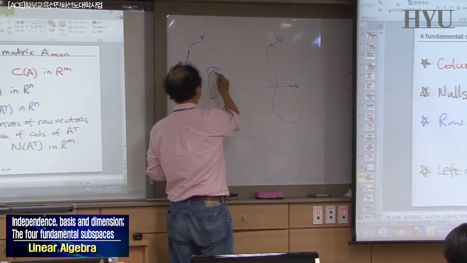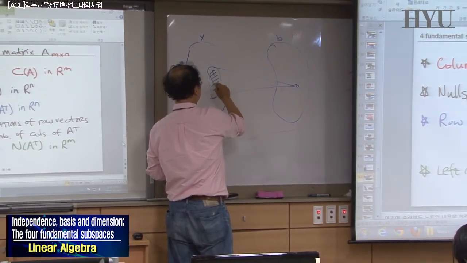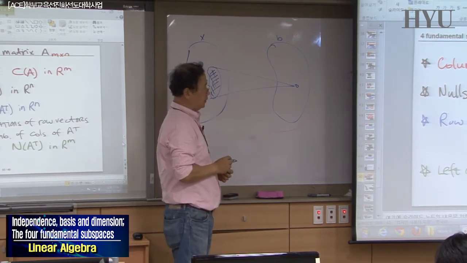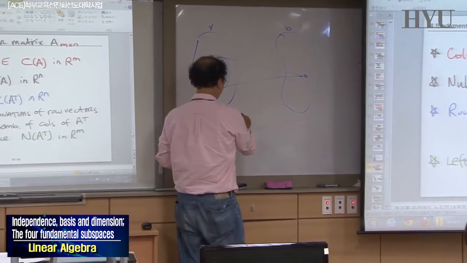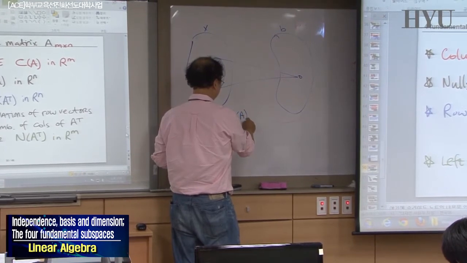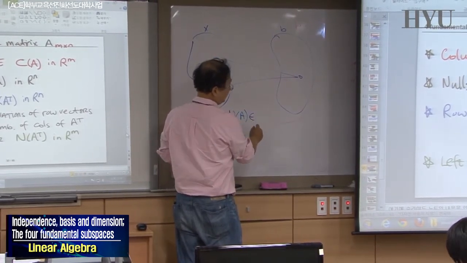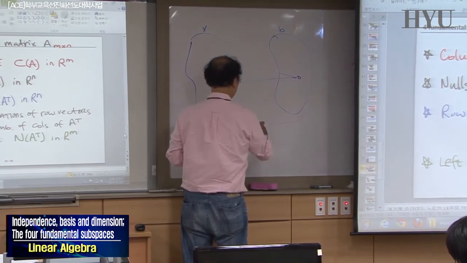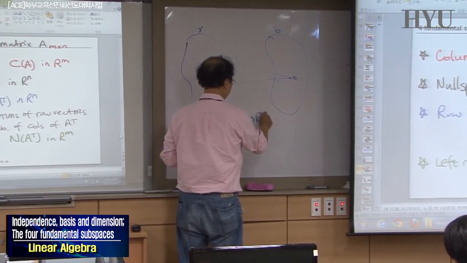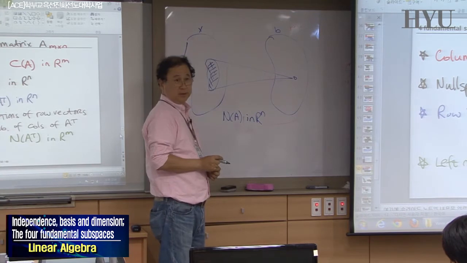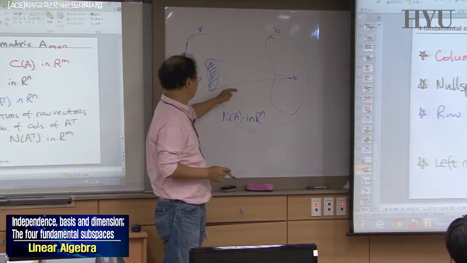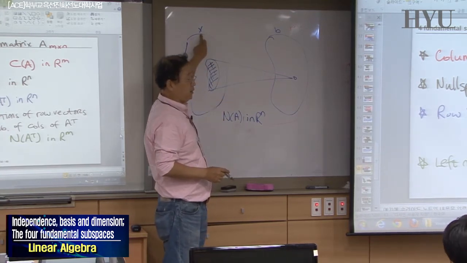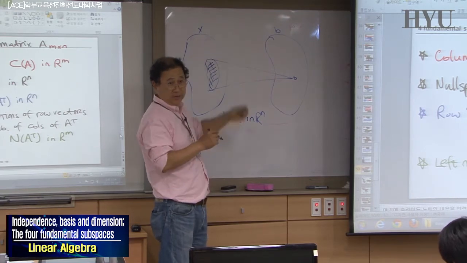So this is the null space, right? So the null space N(A) is in Rn, because x is an n-dimensional vector, right?